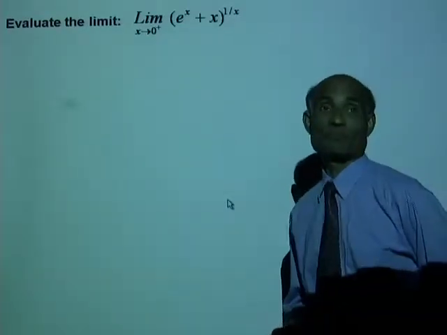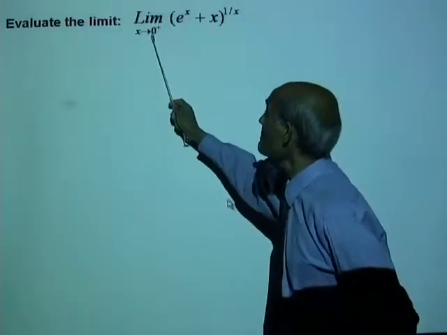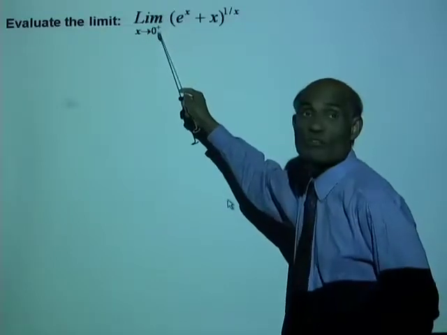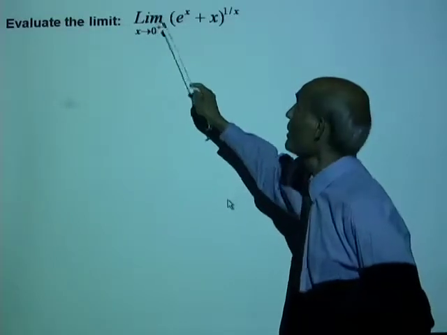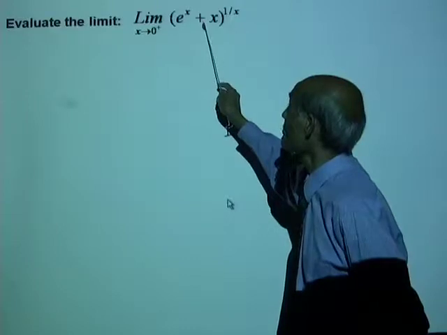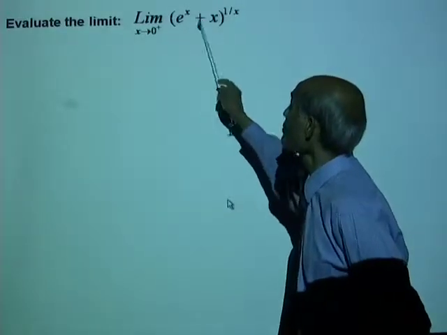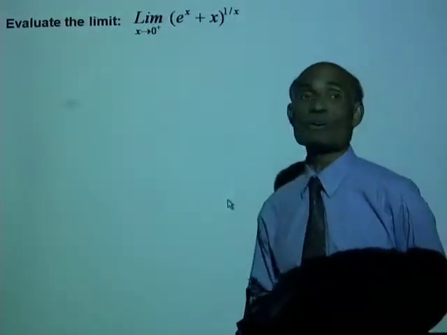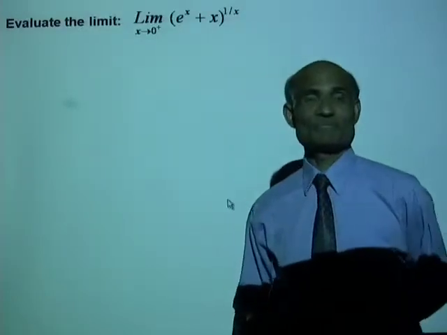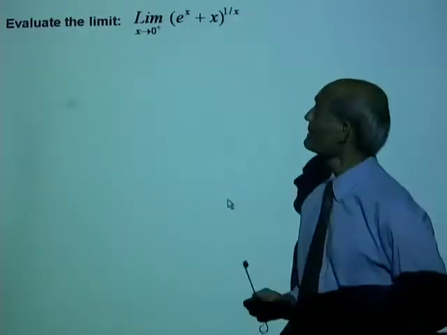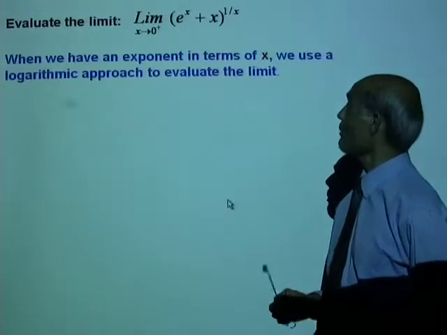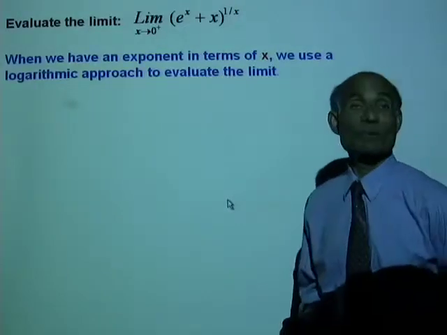Another one. Evaluate the limit: limit x approaches 0 from the right of e to the power of x plus x, all raised to the power of 1 over x. Well, is that an indeterminate form?